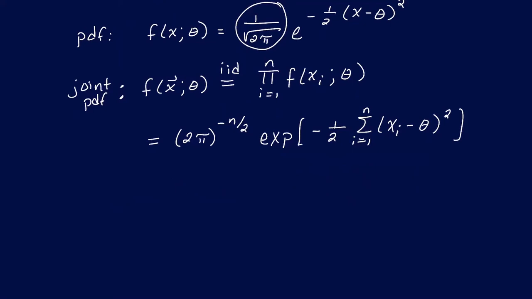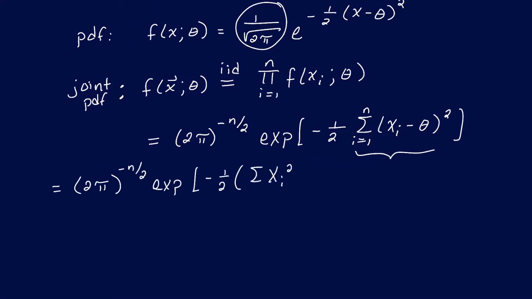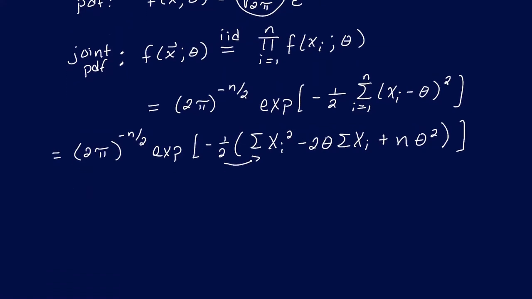So to that end, I'm going to square this and run the sum through. And I do have to distribute that 1/2 across, and I am going to go ahead and start pulling things out into that a of theta, b of x, etc. form. So the 2 pi to the minus n over 2 is just going to sit here, and I'm looking for pure theta stuff.